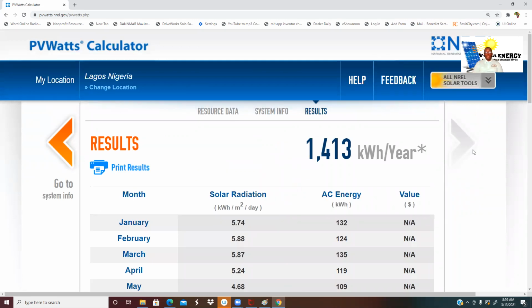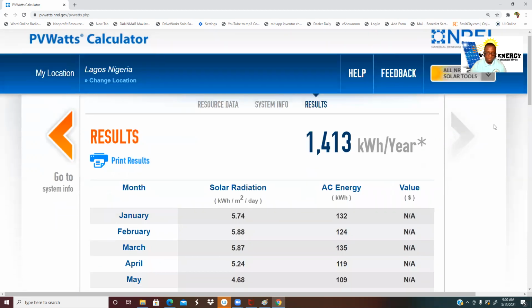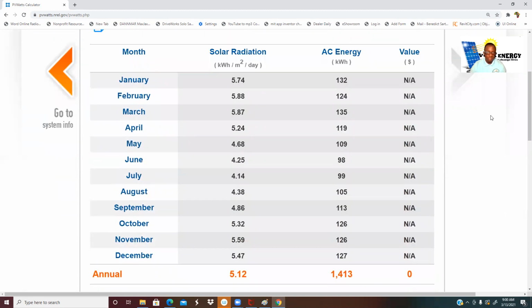So the kilowatts hour yearly based on the weather data for Nigeria is 1,413. That is our result. That's the information we need. If you look here, they even tell you the solar radiation right here.